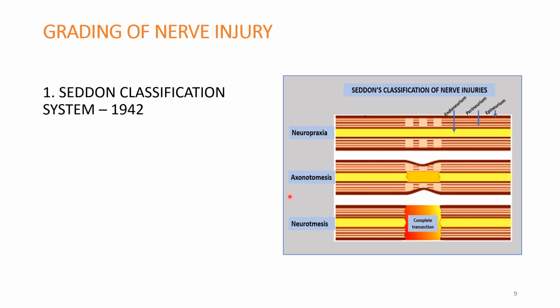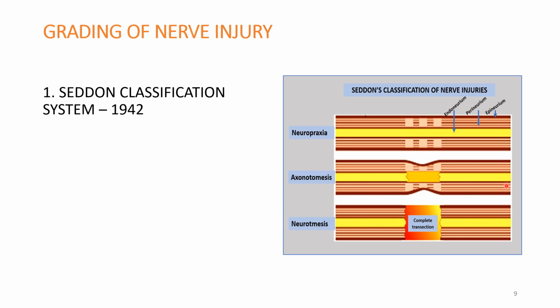Next, axonotmesis. What is meant by this? It is more severe than neuropraxia, and it usually occurs in crush injuries. There is complete interruption of the axon. So there is loss of conduction, and in addition to that, the axon is crushed.